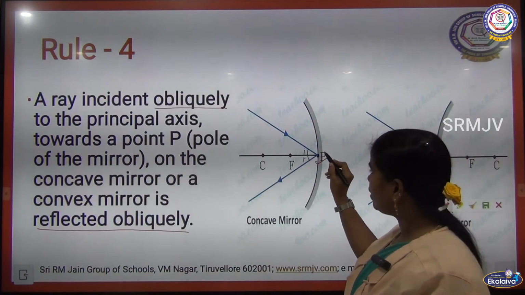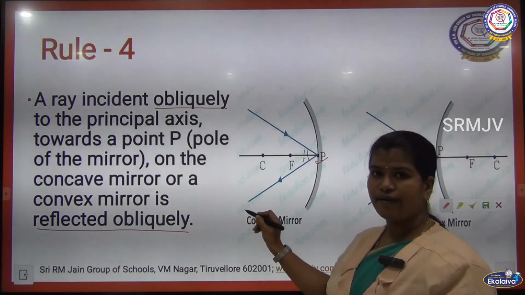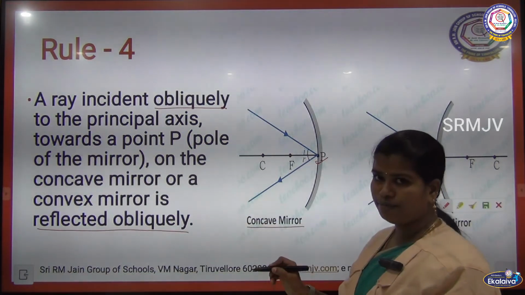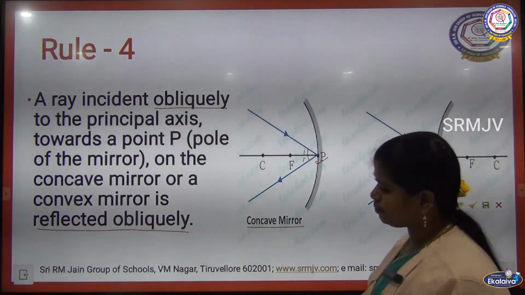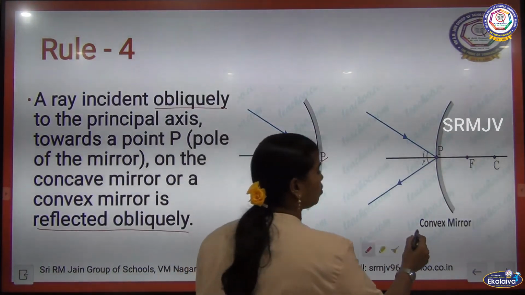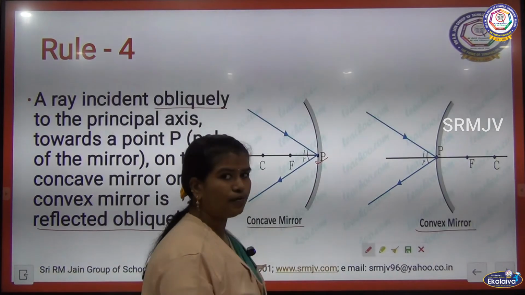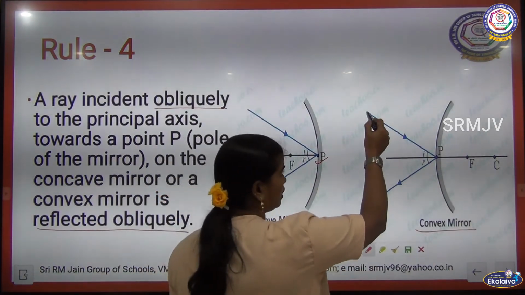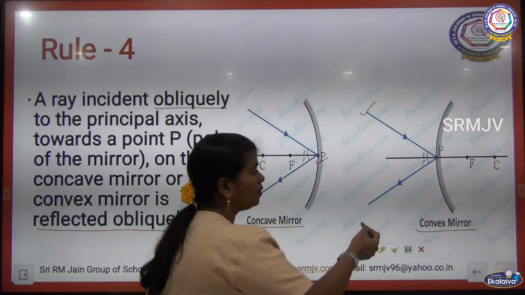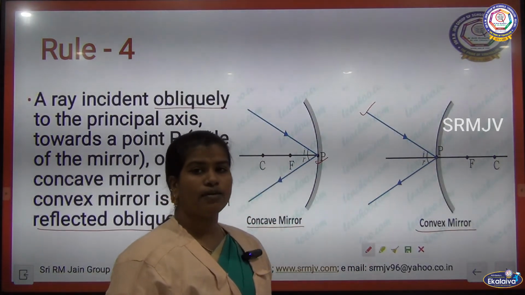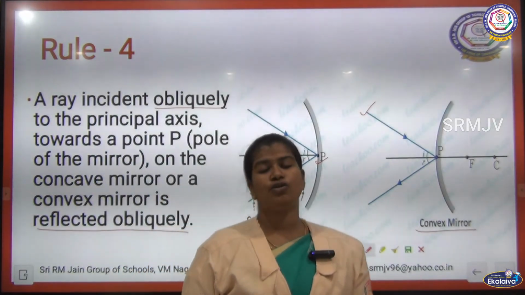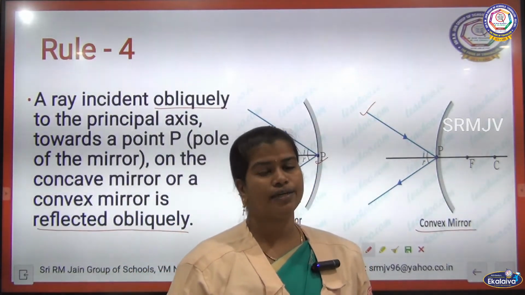Okay, so it will be reflected back obliquely. This is in case of concave mirror. In case of convex mirror also, as it is a diverging mirror, the ray strikes obliquely to the pole and it get reflected obliquely. So these are the 4 rules where we need to remember while drawing the ray diagram.